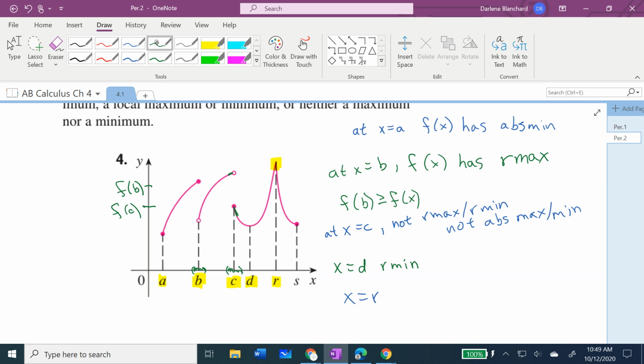And in fact, it is at the highest point as well. So at x equals R, it is a relative maximum or local maximum, and it is the absolute maximum.